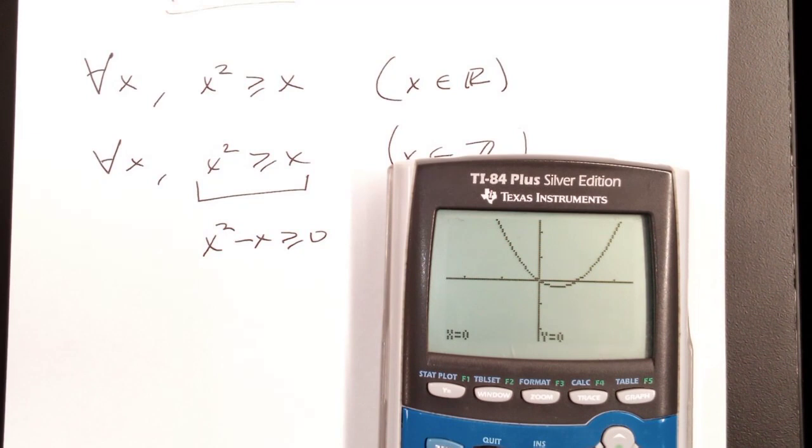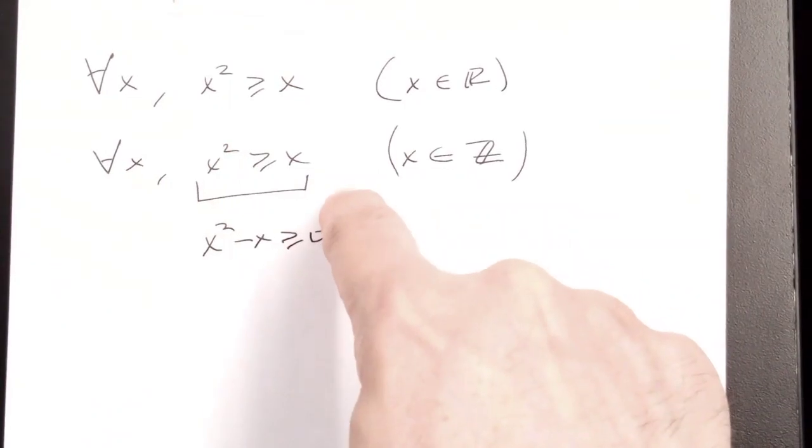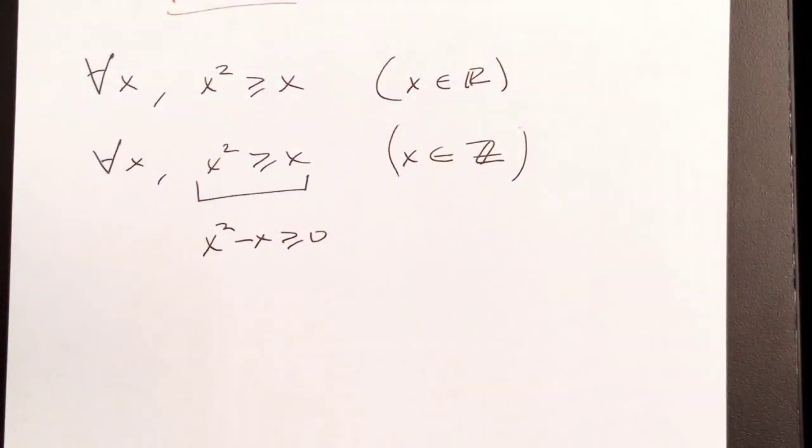My universe of discourse, my choice of domain, matters. Functions have domains, and that's what we specified here. So this one's false, but this one's true. The same sentence can either be true or false depending on what set we are talking about.